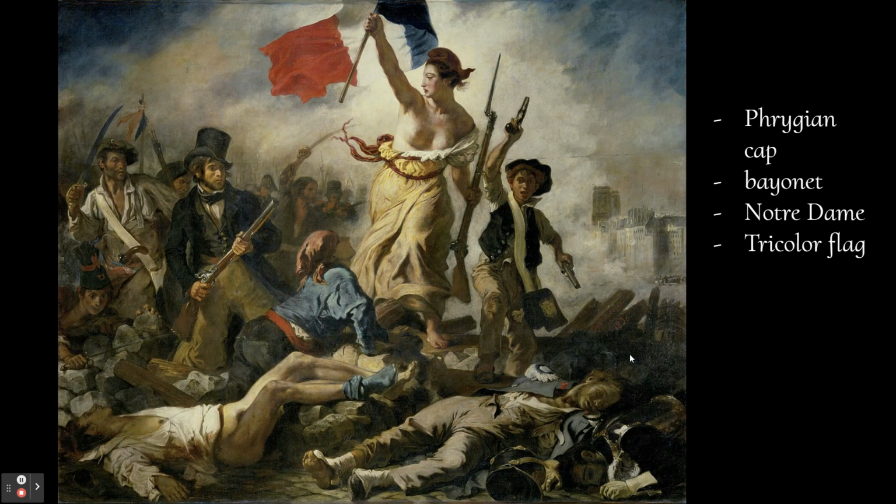And one other symbol that is important is this right here, this little hat is called a Phrygian cap, which is this word over here. That is a clear symbol of freedom. In ancient Rome, when slaves were freed, they would receive one of these. And so it became just a symbol of freedom that became associated with the revolution.